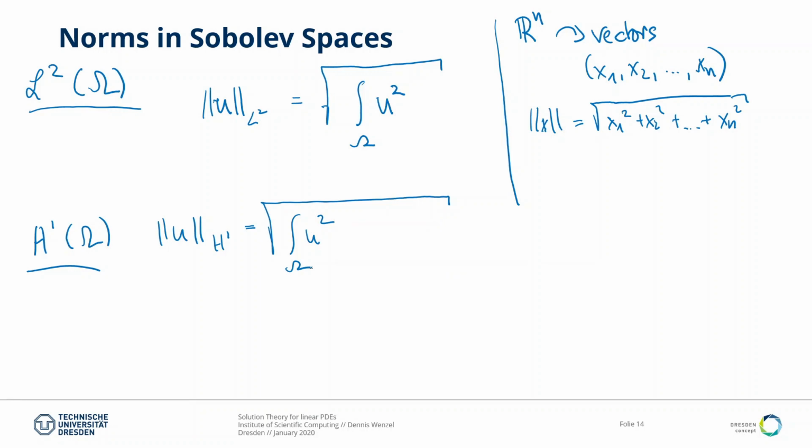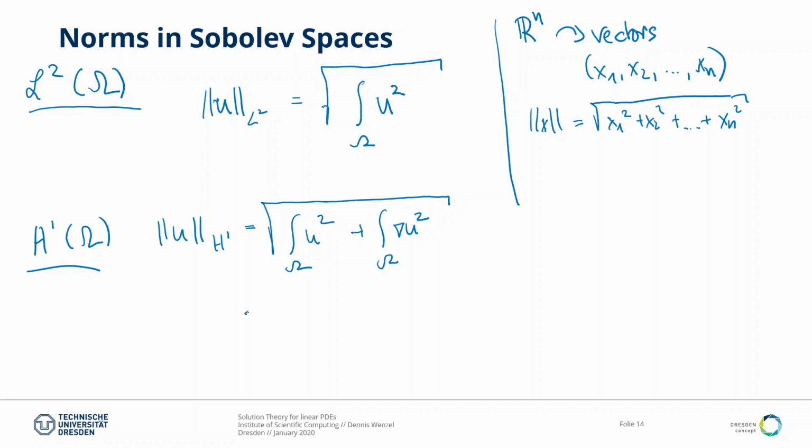That makes sense because L2 and H1 are closely related. Every H1 function is also an L2 function, so we can square integrate the function, and we can also square integrate the derivative. The second part of the definition of H1 was that the weak gradients are also in L2. So this second part is also finite, and that is the direct, intuitive concept for a norm that you would define here.